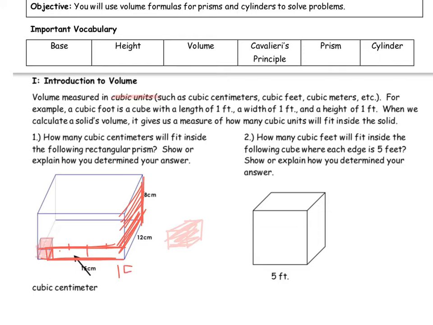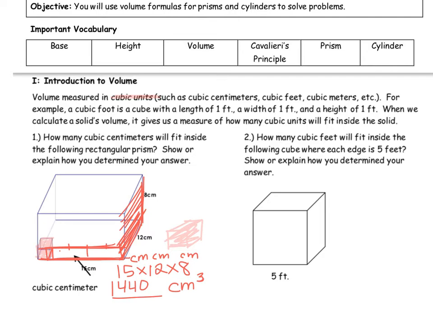So 15 by 12 will give me the number of cubes in that bottom row, and then I need to multiply that by 8 to get the total. Remember, these are all centimeters, so when I multiply all of these together, my answer is going to be in cubic centimeters. Centimeters to the third power, we say that as cubic centimeters. And if I multiply those together, I get 1,440 cubic centimeters for the volume of that solid.